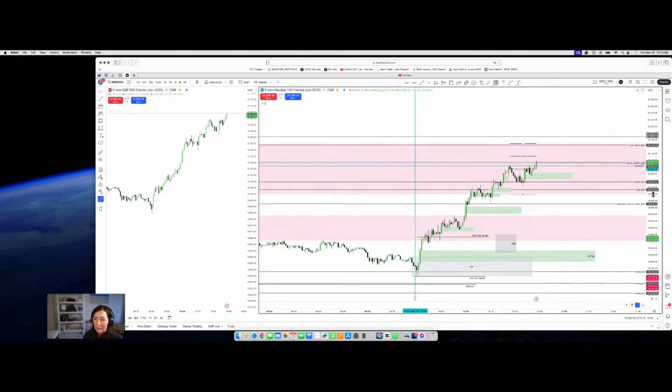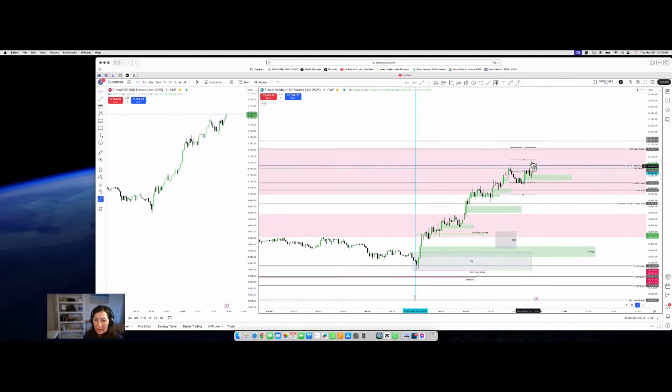10:43. Curious to see if the macro will just give it a bit of a push to this previous day high.